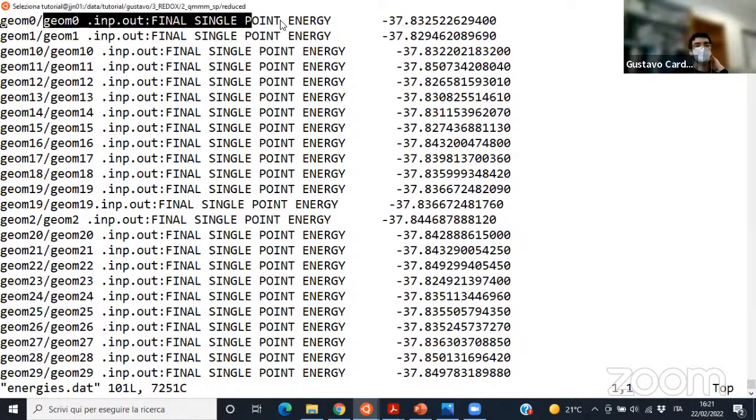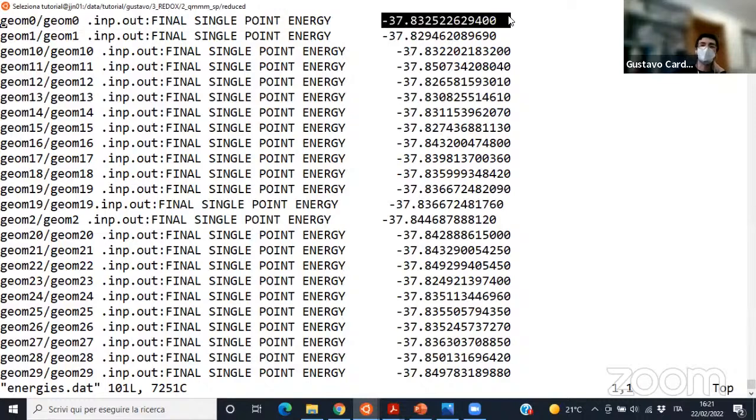The energies.dat file is going to be slightly different from that of the QMMMD, but you have the exact same information. Now, at this point, you should do this again, but for the oxidized state. It's literally the exact same thing. The only things that are going to change, of course, are the charge, the spin multiplicity and the template file.